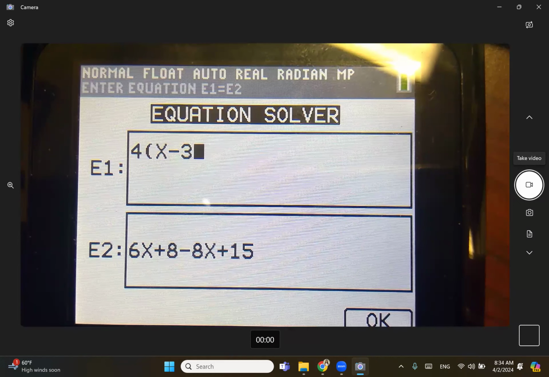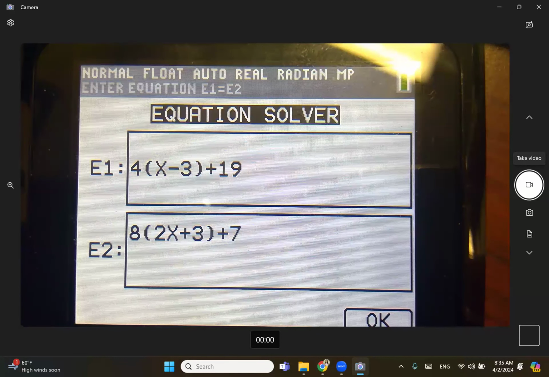So type in both sides of the equation. We got it? Okay.